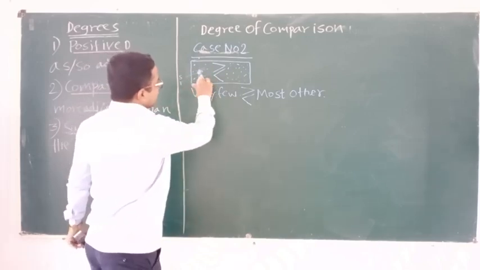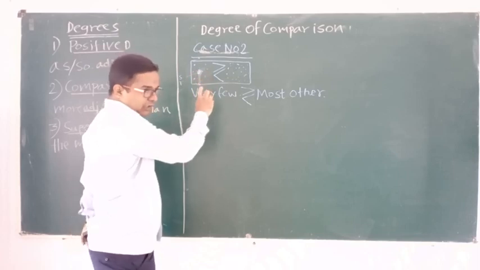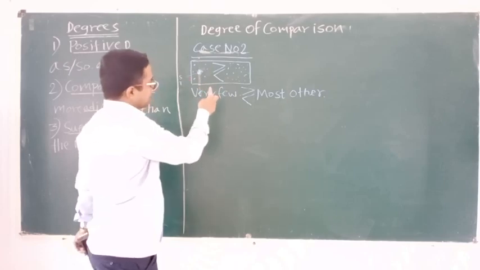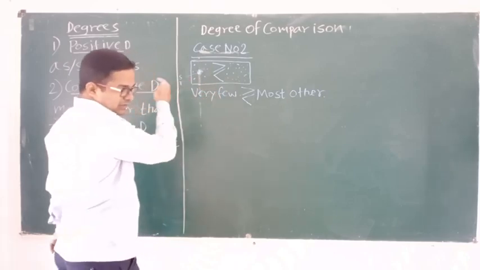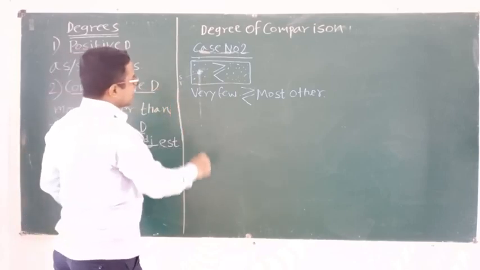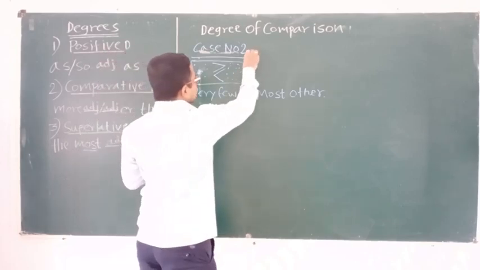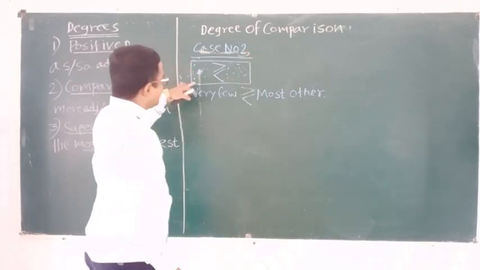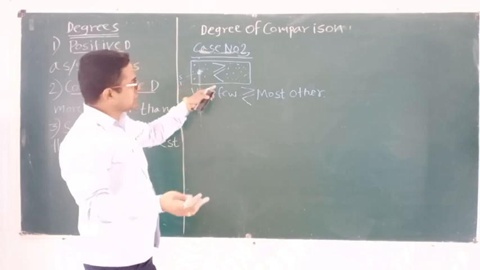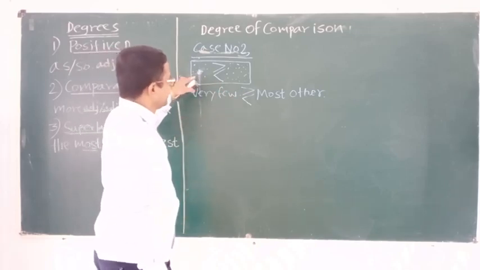So, very few means this is not the only one, like we have seen in the earlier case. In the second case, we have seen that the one object is compared with all others, but here very few.